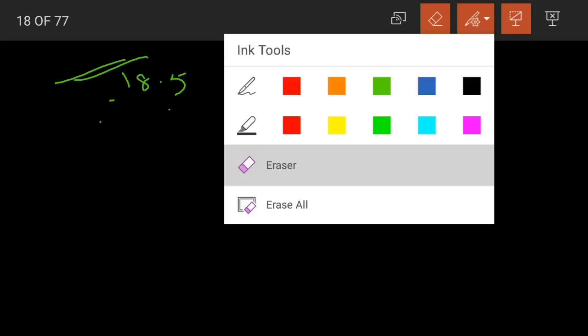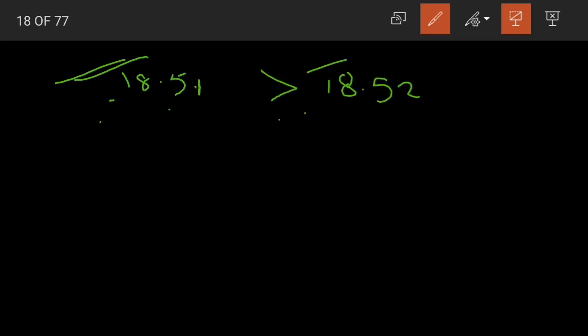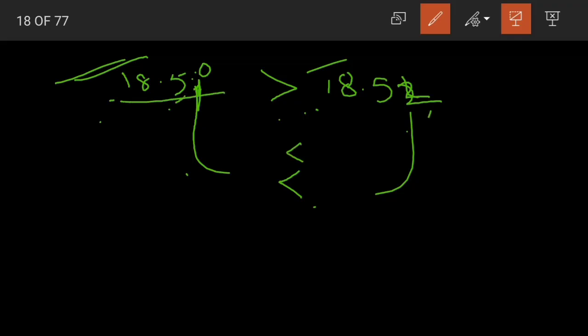We'll move on to the next place, that is the 100th place. What digit do we have here in the 100th place? Here we have nothing. Nothing means 0. But in 18.52 we have 2 in the 100th place. If we compare, 0 is less than 2. So 18.50 is less than 18.52.